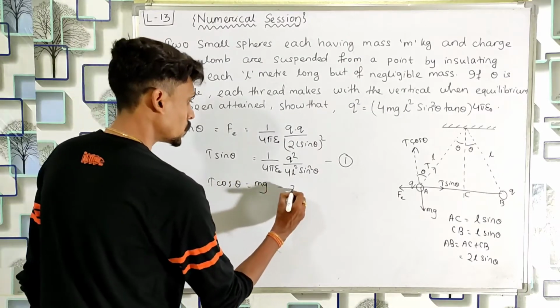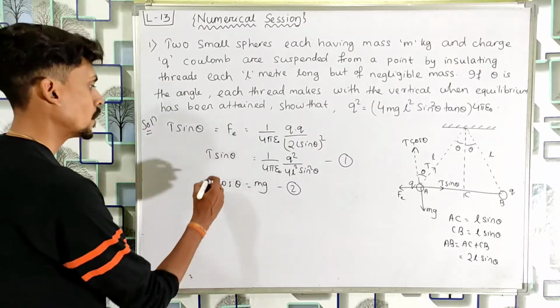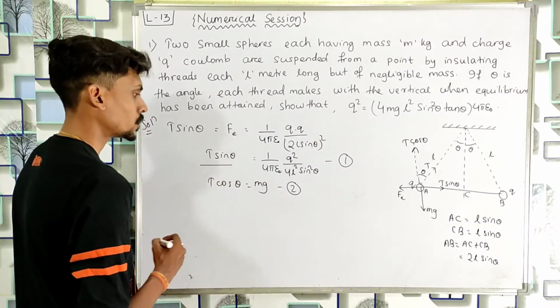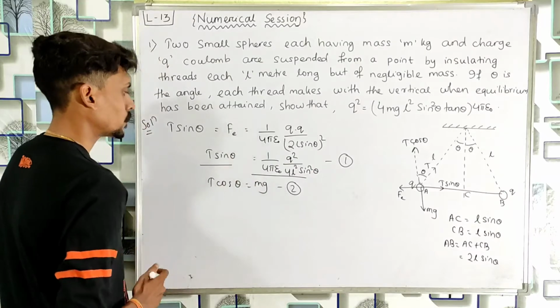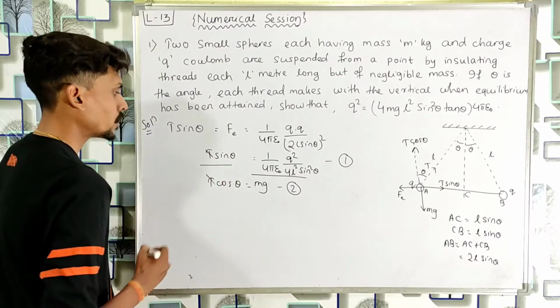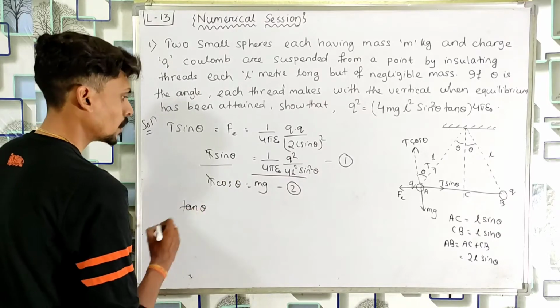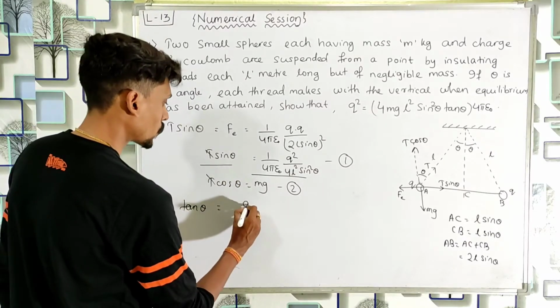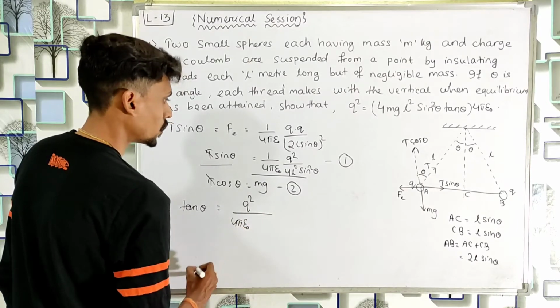This is equation 2. Now let us divide the two equations. T sin theta by T cos theta, that is equal to this much by this one. So T will cancel. Sin theta by cos theta will be tan theta, that is equal to Q square divided by 4 pi epsilon naught.